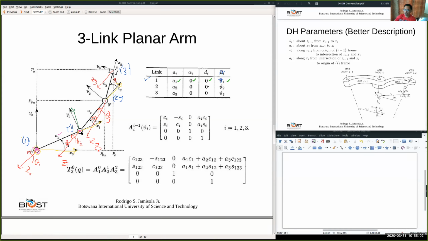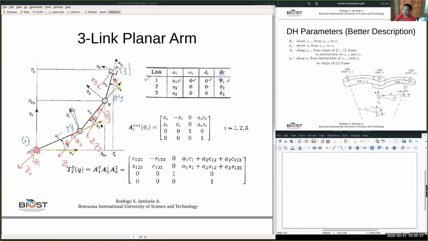This is Z1, and Z1 is going in that direction by the right-hand rule. Because we are looking at theta 2, it is about Z1 from X1 to X2.